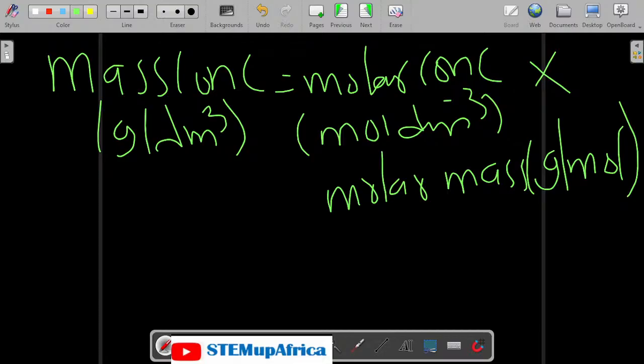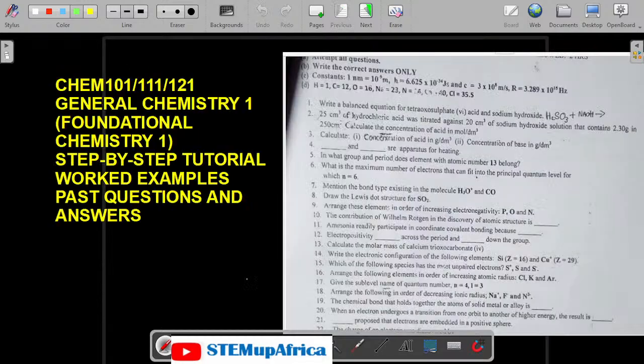But if you go back to the question, we have not gotten the molar concentration of the acid yet. The one we got was that of the base. So how do we get that of the acid? We are given the volume of the acid: 25 cm cube of hydrochloric acid was titrated against 20.0 cm cube of the base. So the volume of the acid is 25, the volume of the base is 20.